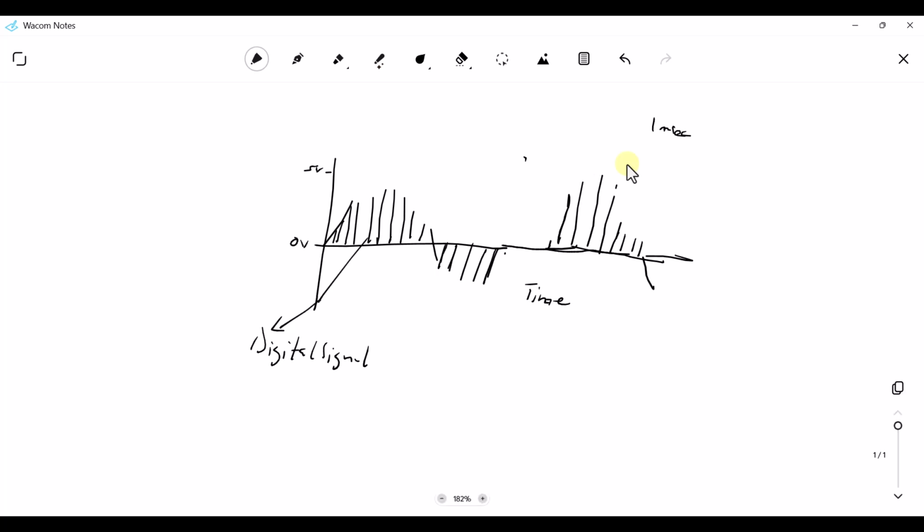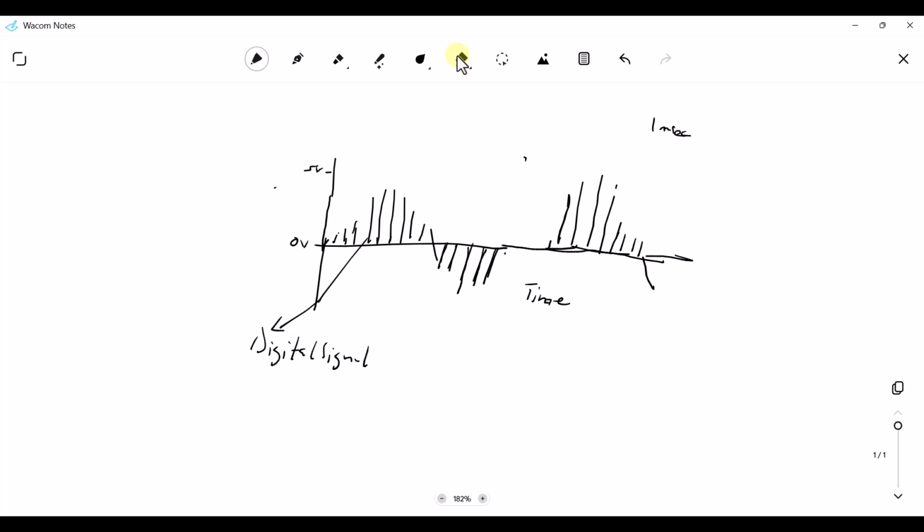In the first instance, instead of having continuous lines, now digital signals have discrete values. So you see that these are the samples that we took from our original analog signal. So this is what we call sampling.